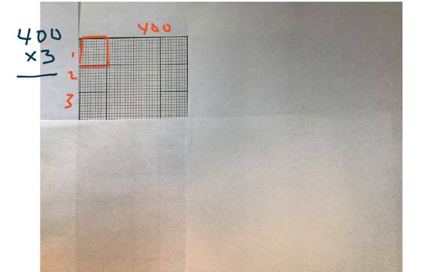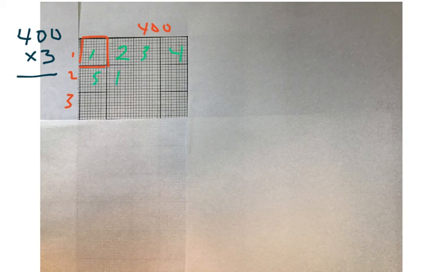Well, then what is the answer? What's the answer to 400 multiplied by 3? Well, here's the picture here, so we can count them. 1, 2, 3, 400, 3 times.